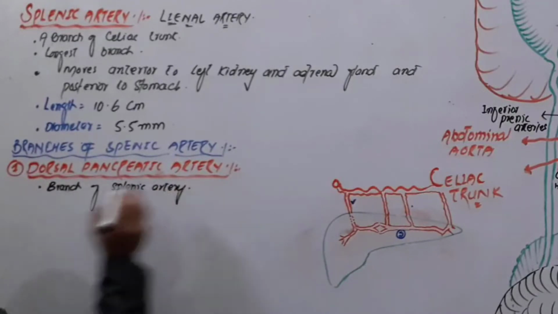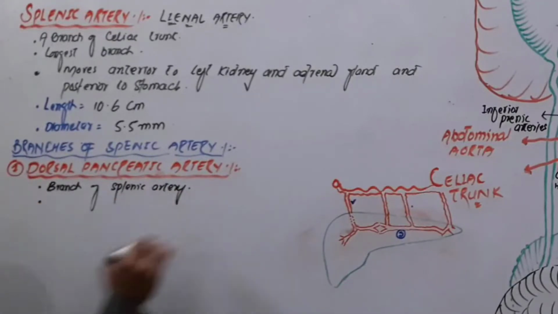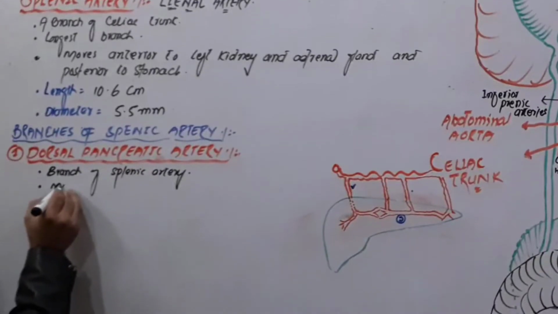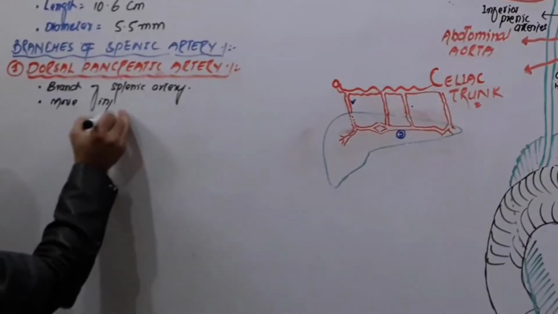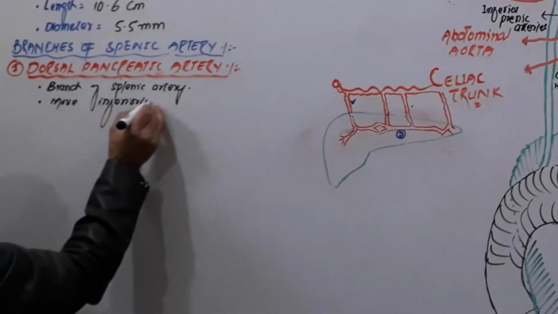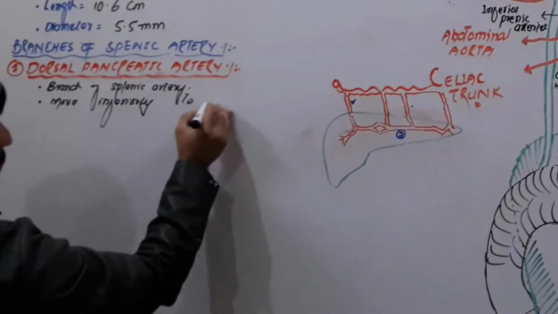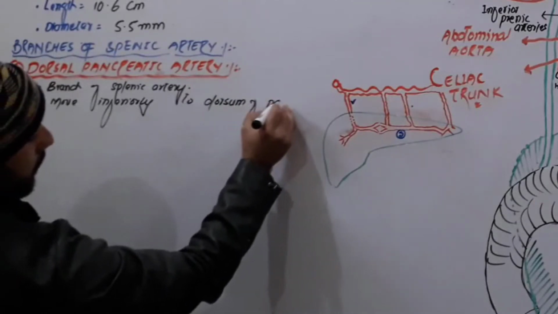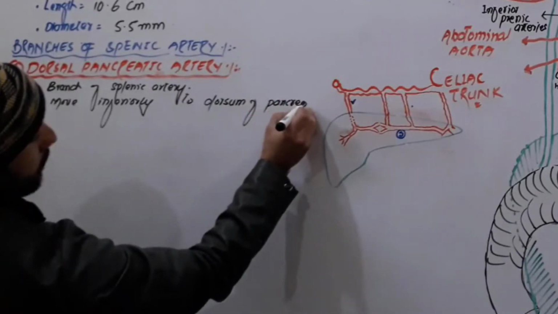Okay, done with it. Then it moves down to the dorsal of the pancreas, moves inferiorly to the dorsum of the pancreas. Okay, then what does it do?